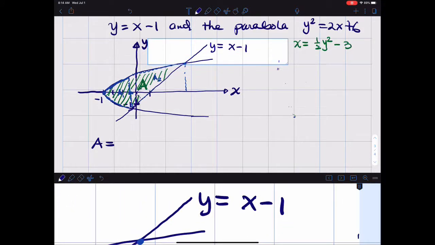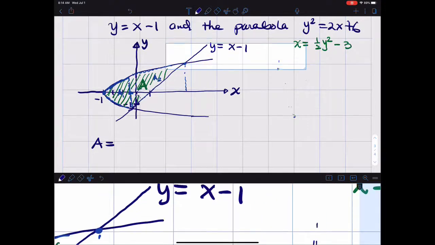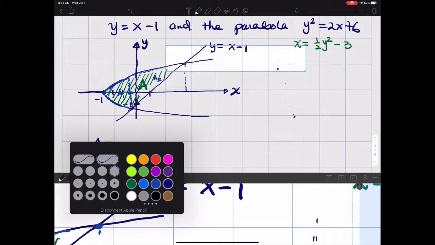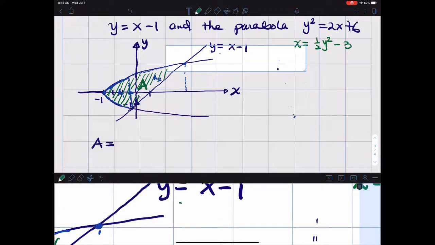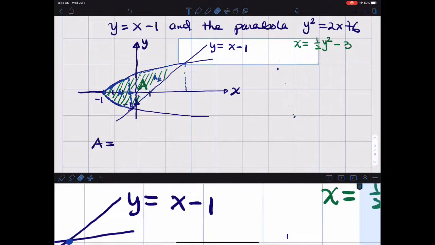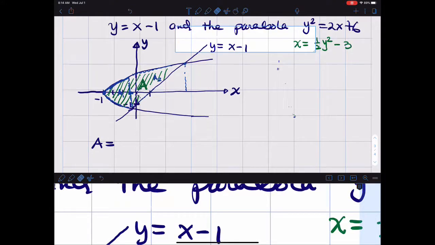But since we're going from left to right, or since we are envisioning the x-axis as our vertical axis, it's good to rewrite this as a function of y. So this function we can write as x equals y plus 1.